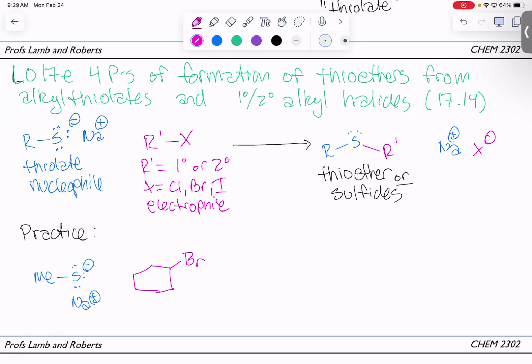We could not have used this before with alcohols, but we see that we can do an SN2 reaction, with electron density starting from a lone pair on the negatively charged sulfur. We're going to attack the carbon and have the bromide leave. We have our methyl sulfide and our next substituent, which is that cyclohexyl group. Byproducts being sodium plus, Br minus.